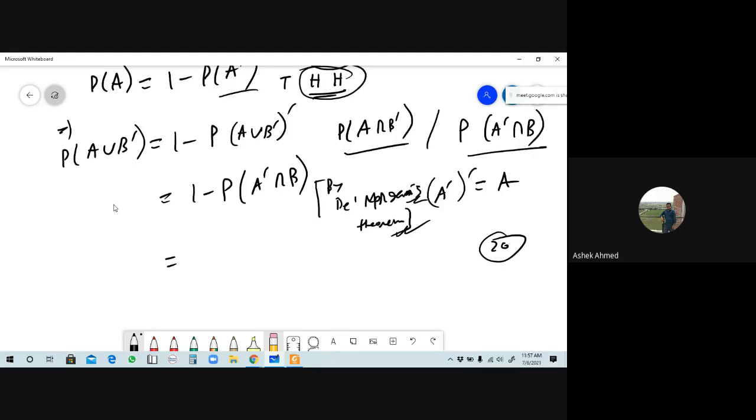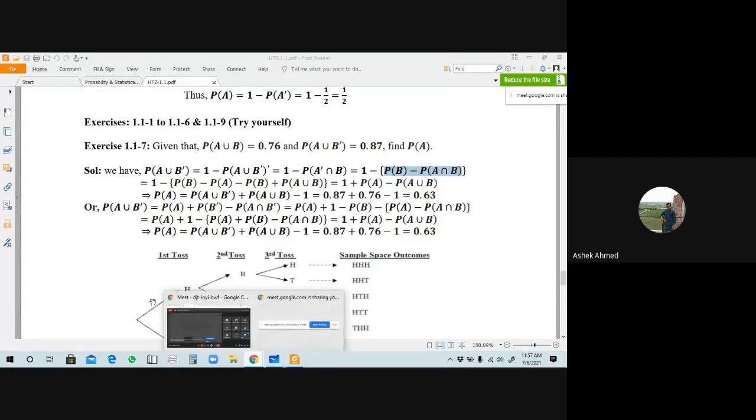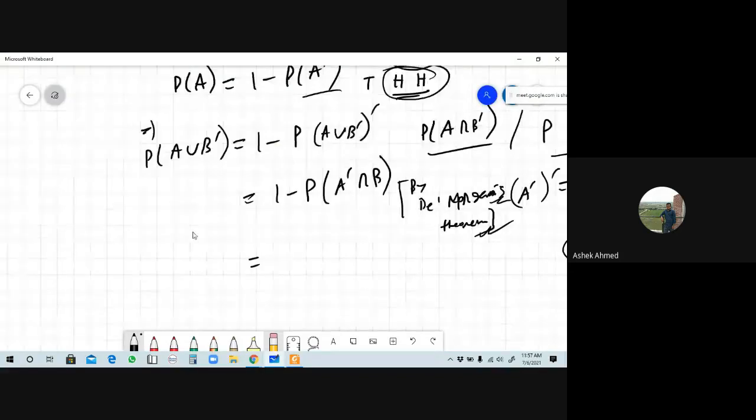Okay, from here what will this be? We know the formula: a complement intersection b is probability of b minus probability of a intersection b. Is it right? Yes, sir. Okay, but for this problem you have to sketch the Venn diagram here.